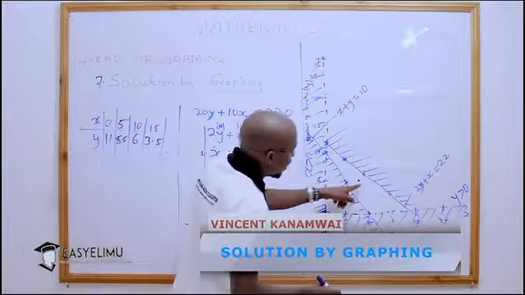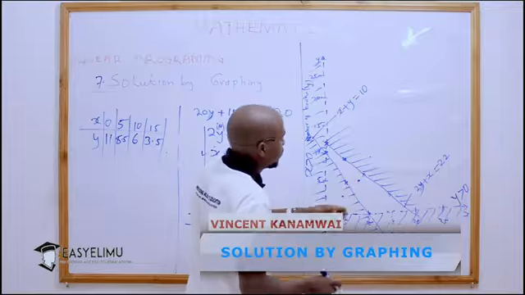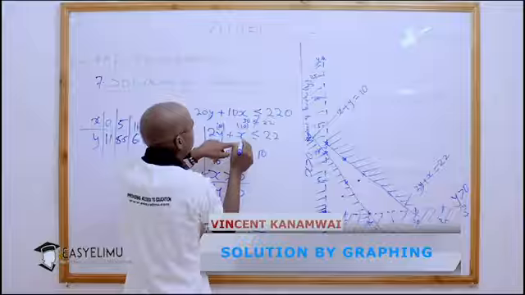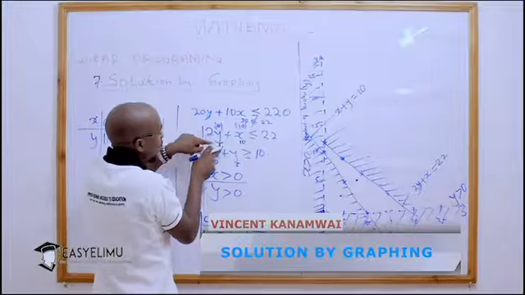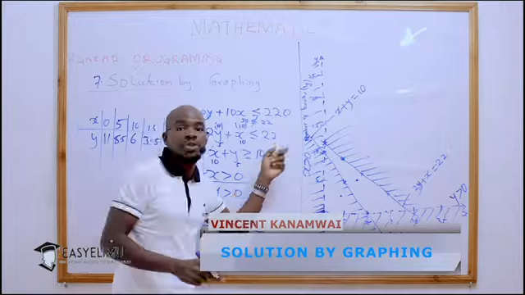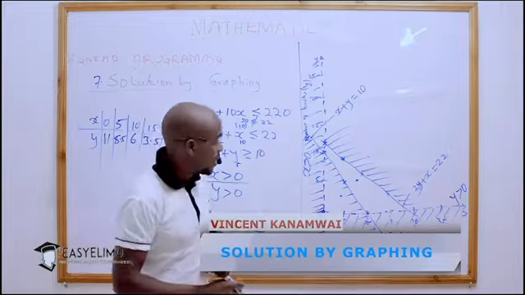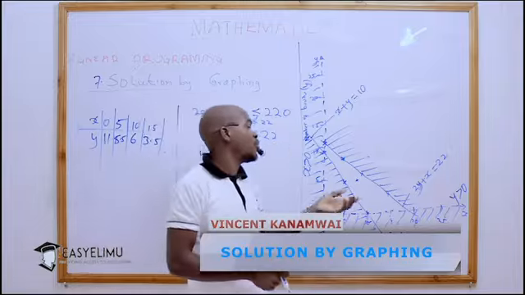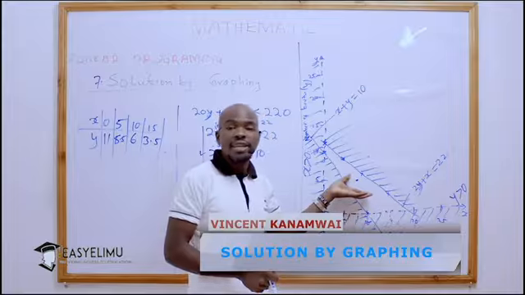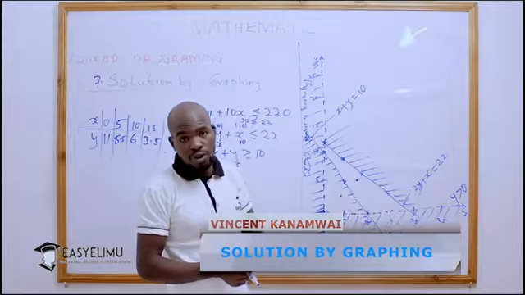And if you put 5 here and 10 here, you will find 2 times 5 is 10, 10 plus 10 is 20, and 20 is less than 22, meaning that point is satisfied. So any of the points which lies within the unshaded region satisfies our condition.